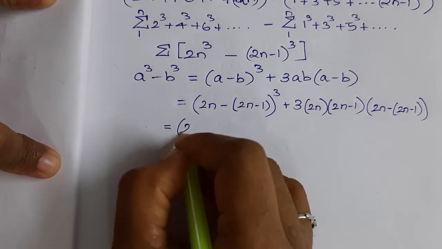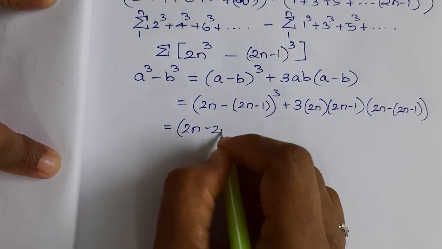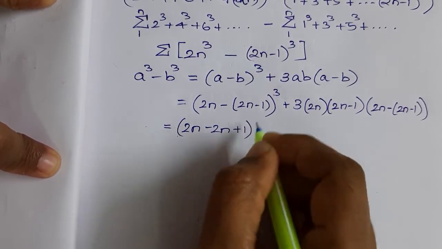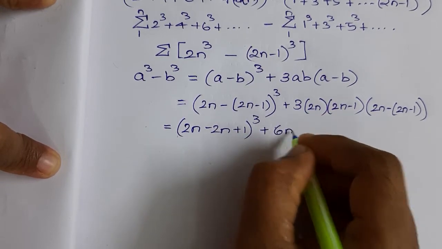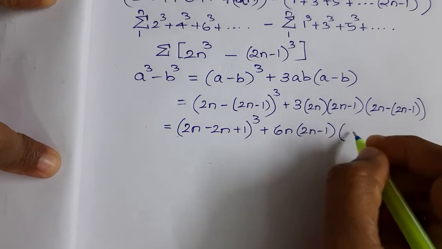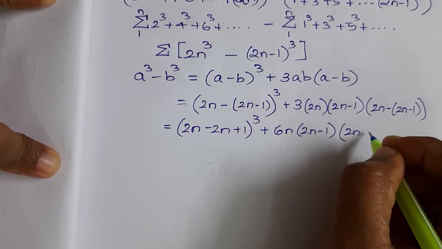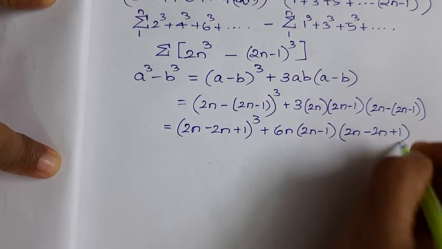Now 2n, applying the minus sign within, minus 2n, minus into minus plus 1, the whole cube, plus 3 2s are 6n into (2n minus 1), and the next bracket 2n minus 2n, minus into minus plus 1.